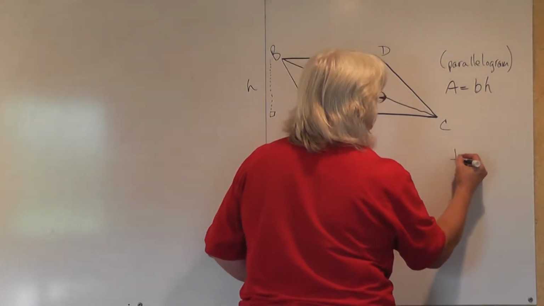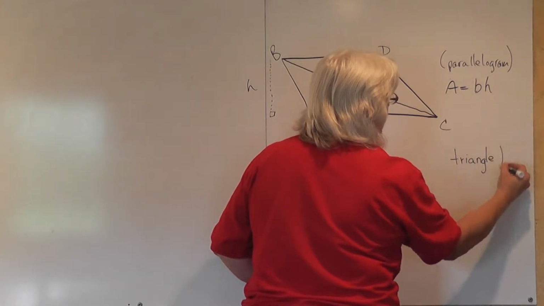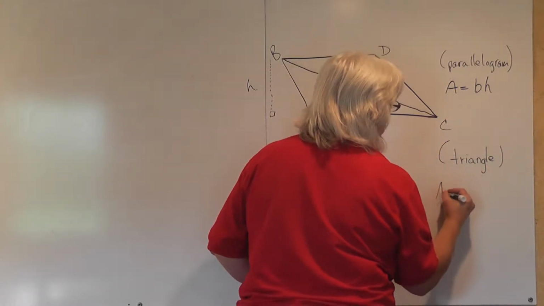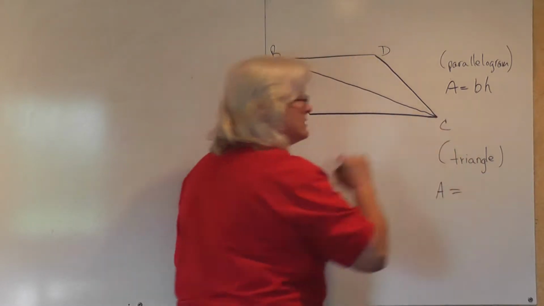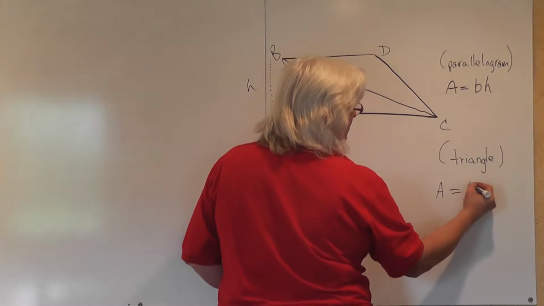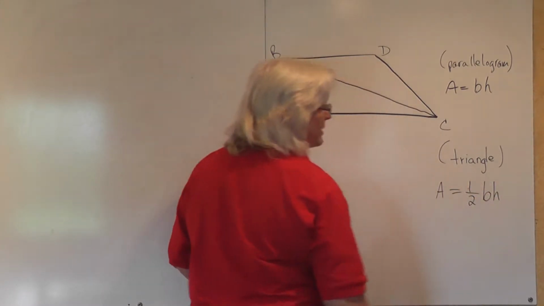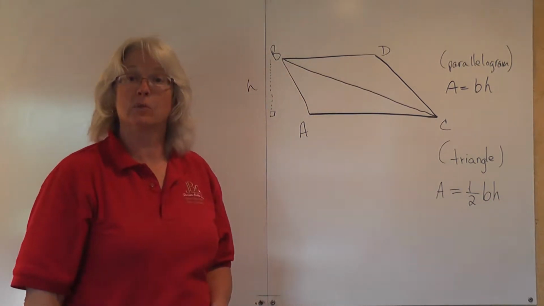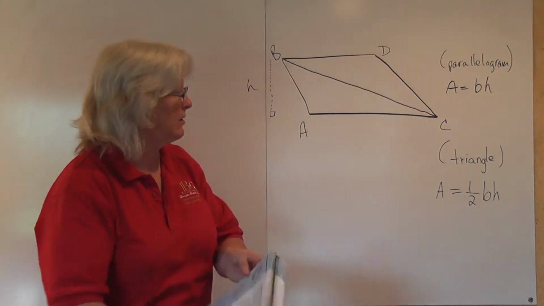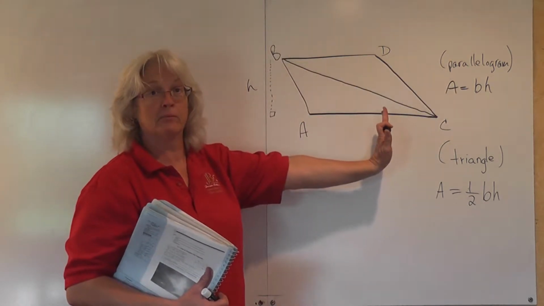Well, that's exactly what it is. And if you find the area of a parallelogram by multiplying the base times the height, well then half of that would be the area of the triangle. And that's exactly what the formula is for the area of a triangle. It's half the area of a parallelogram.